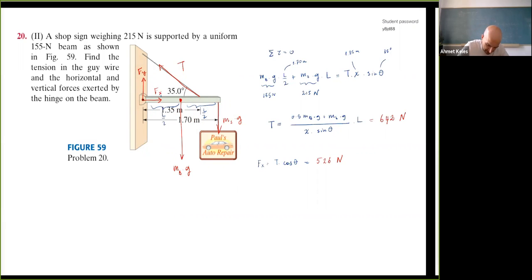So then I can just write Fy should be equal to MB times G plus MS times G minus T sine theta. And I know all these numbers. Let's calculate.